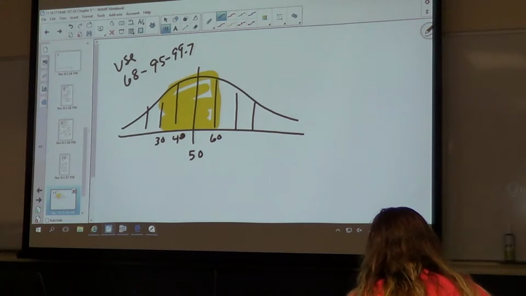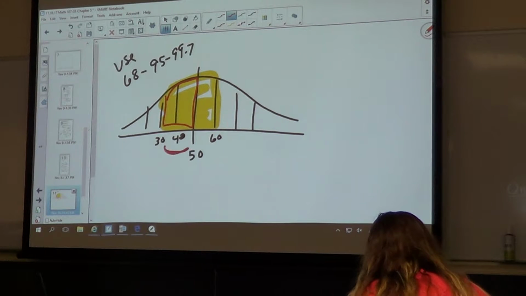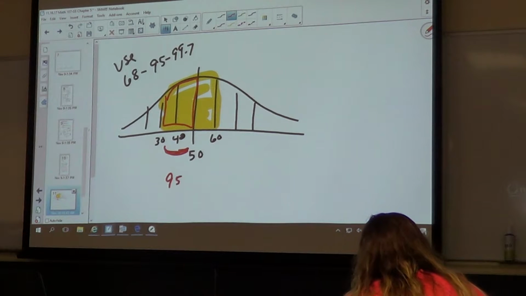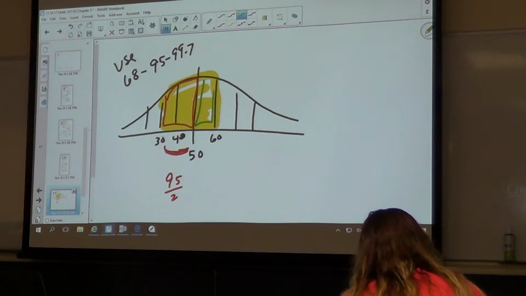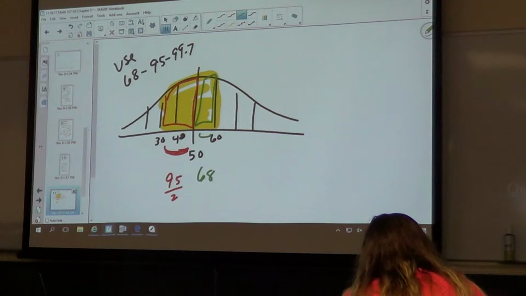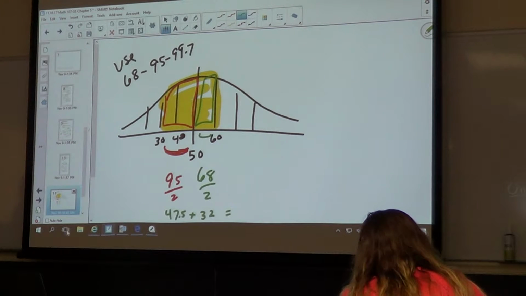We know using the rule, what is that one? A 95 cut in half, 47.5. And this one is a 68 cut in half, so that's a 34. Y'all with me?